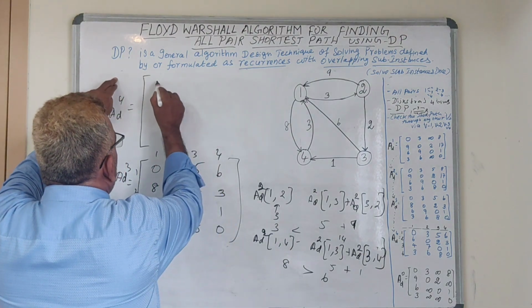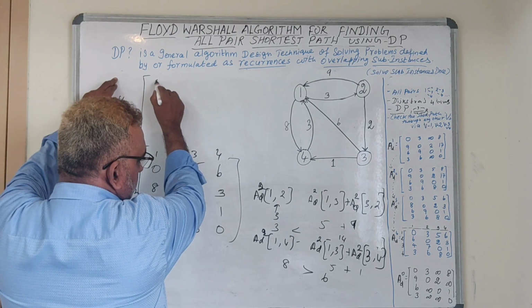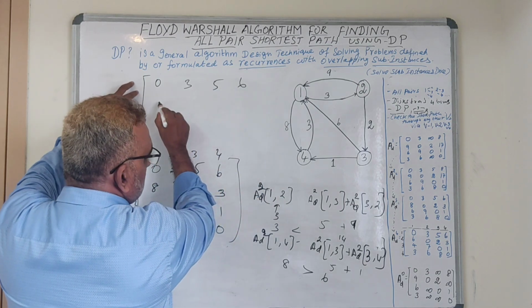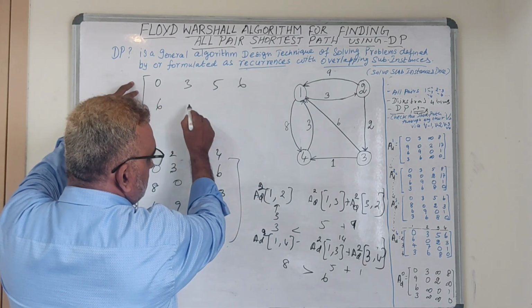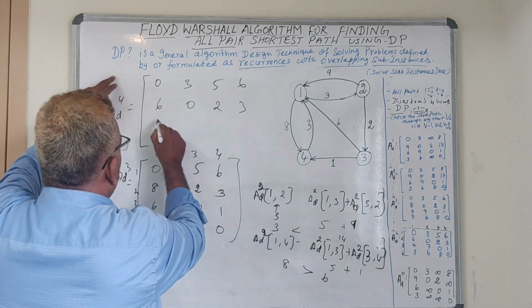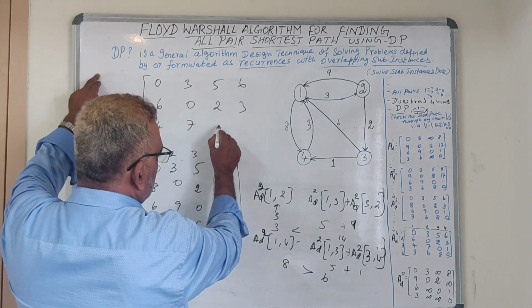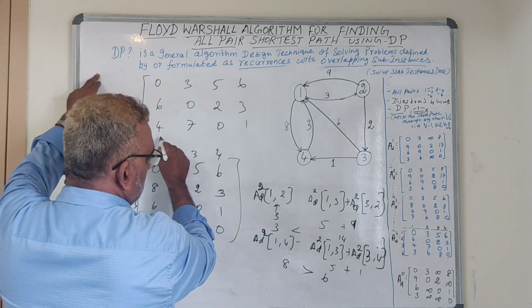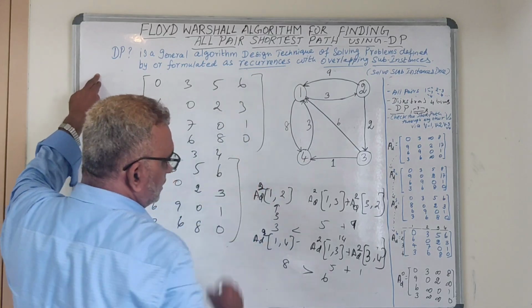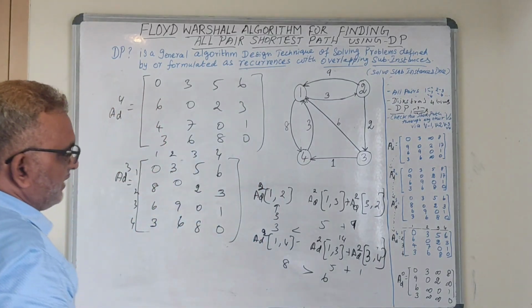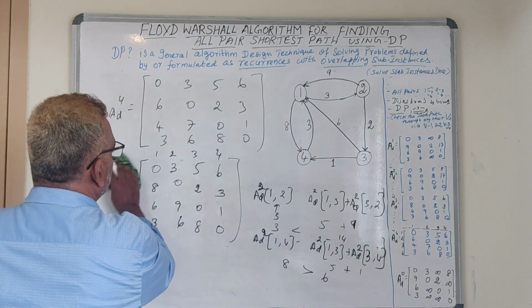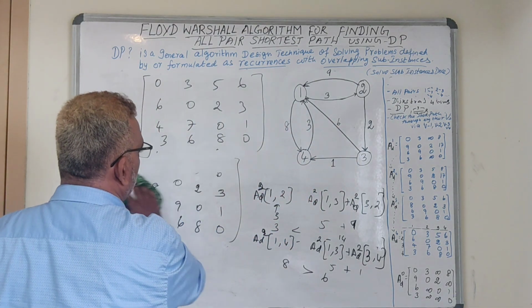It is 0 3 5 6, similarly 6 0 2 3, 4 7 0 1, then 3 6 8 0. That is the final matrix, which will give you the final solution for this problem.